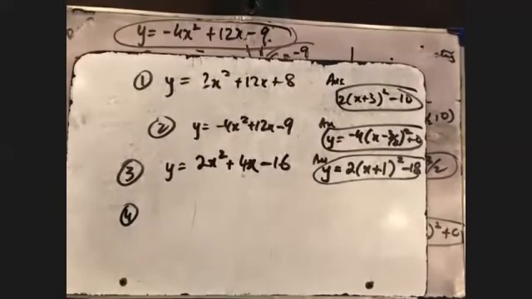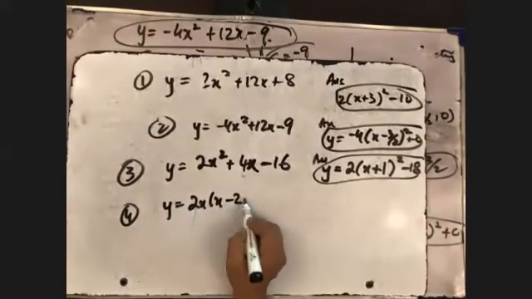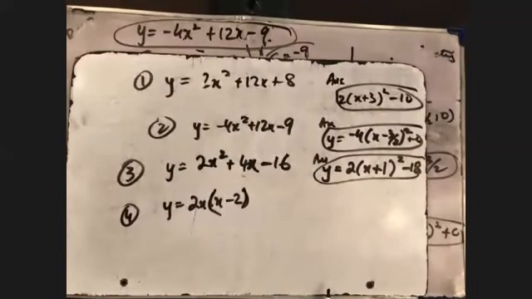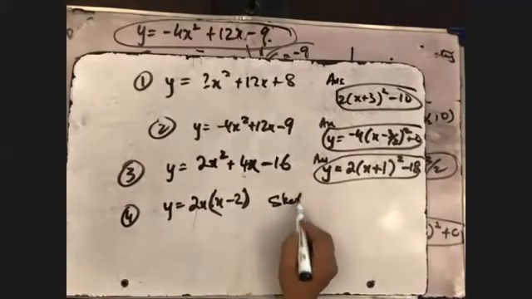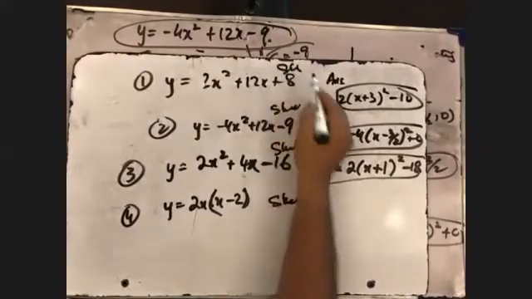Fourth question: y is equal to 2x into (x minus 2). You have to sketch it, all of them. Sketch, sketch, sketch.